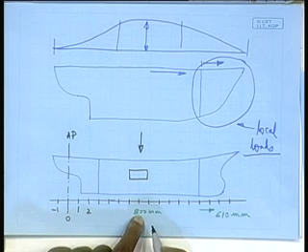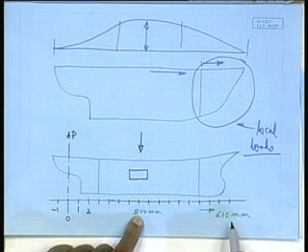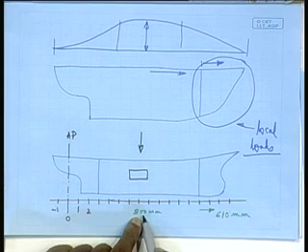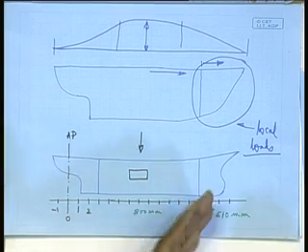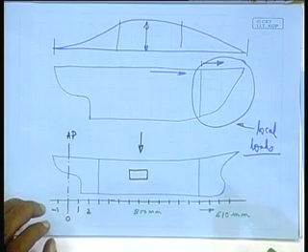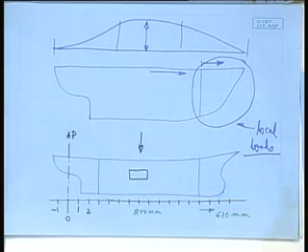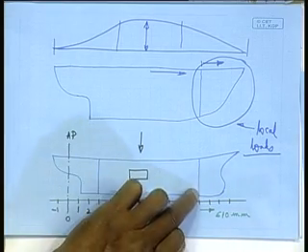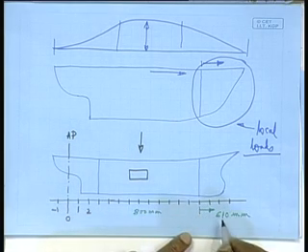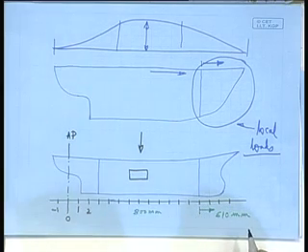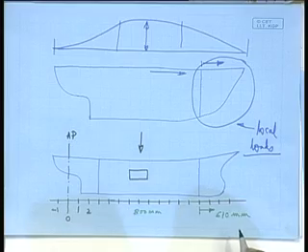Had it been 500, it remains 500, but if it is 700 or 900, it becomes 610. That 10 has come because it is converted from feet. The point is that you are not permitted to have a frame spacing greater than 600 millimeter forward of the fore peak bulkhead.